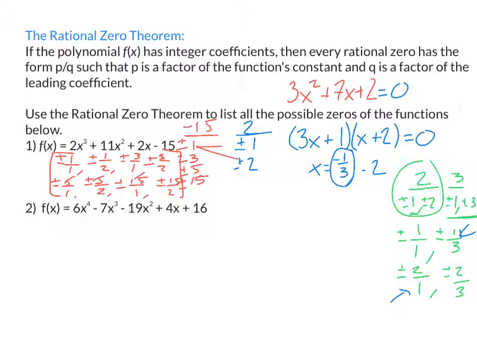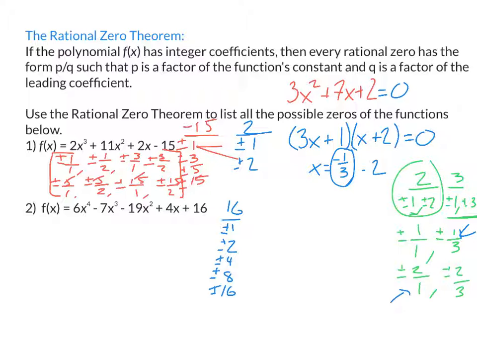Let's try number 2. Number 2 has the constant of 16 with plus or minus 1 as a factor, plus or minus 2, plus or minus 4, plus or minus 8, and plus or minus 16.